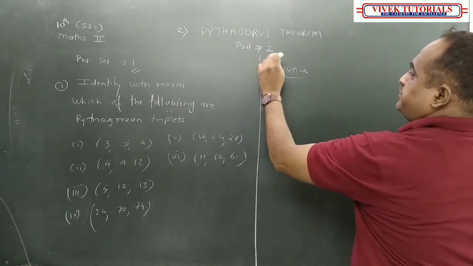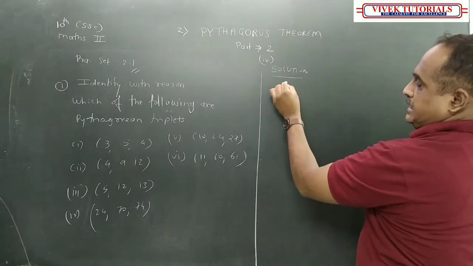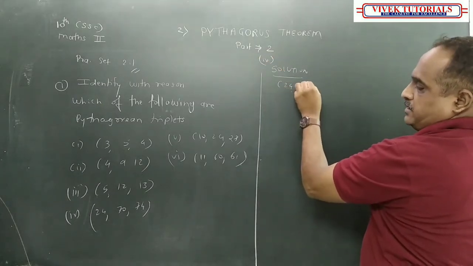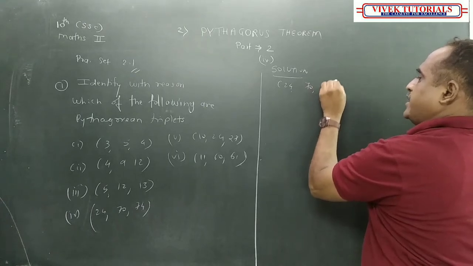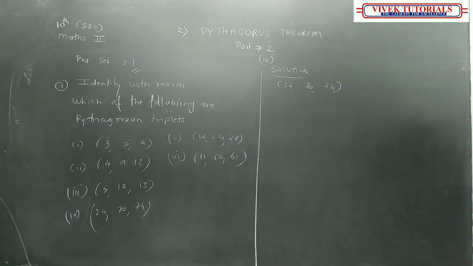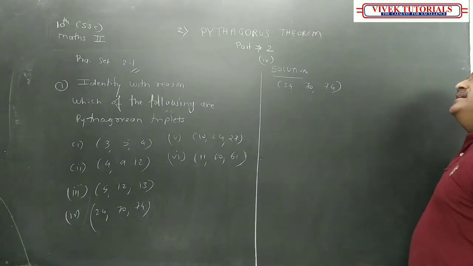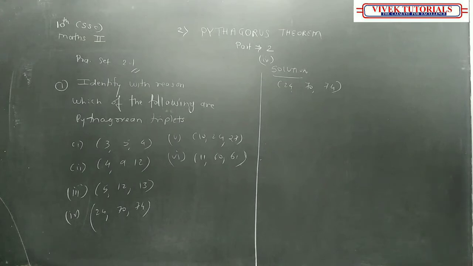Now, fourth question, that is 24, 70 and 74. I'll suggest you pause the video and try to do it on your own, then it will be easy. So pause the video and do it on your own. I'll continue.